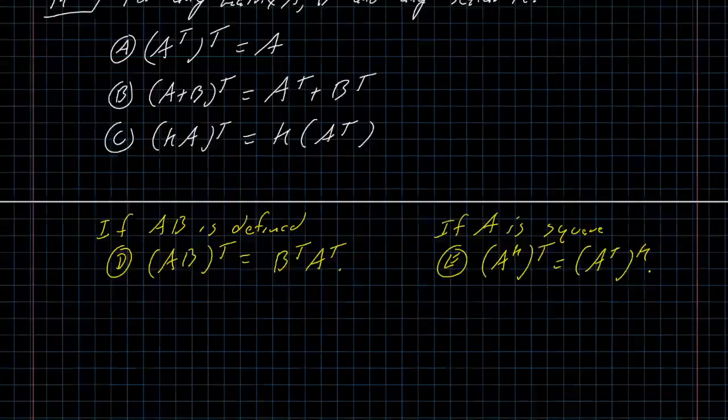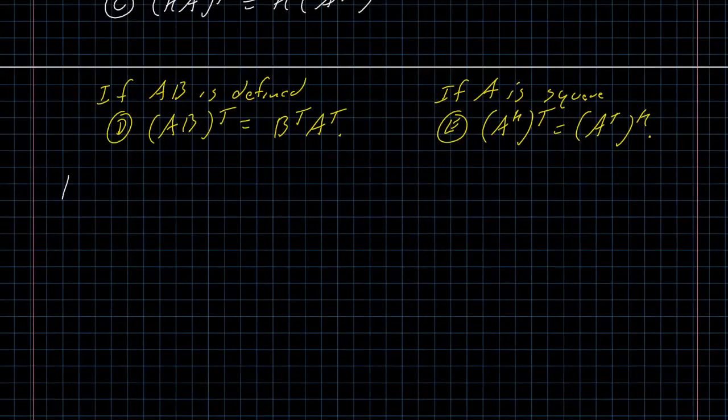D falls into the sweet spot where it's messy, but not so messy that I don't think you can follow it. And it lets us use some of the nifty tricks that we've used talking about matrix multiplication in a previous video.